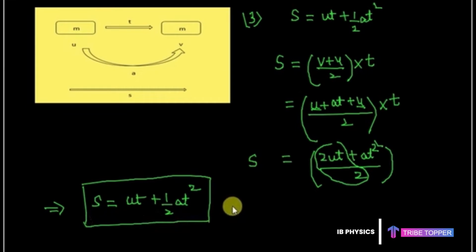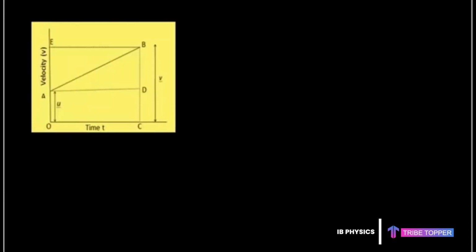Now we'll move to the graphical method of derivation of these equations. So let's see the first equation of motion from the graph. Here is a velocity time graph, which is a uniform one.